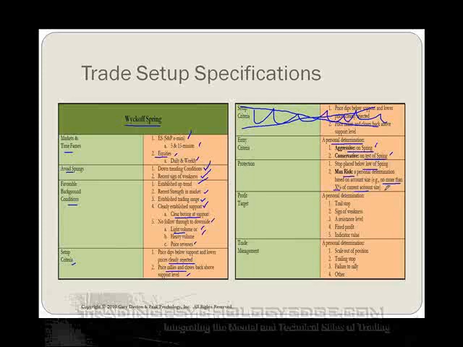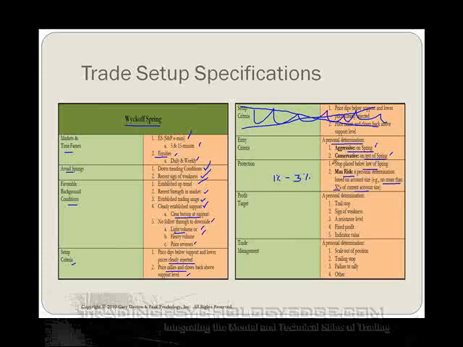So in the magic numbers for this, I mean, there's different numbers, but some folks will not put any more than 1% of their account size. So if they've got a $100,000 account, they won't risk more than $1,000. Okay, doesn't mean that they put on a trade of only 1,000. They might put a trade on of 15,000 in shares of stock, but they won't risk more than 1% of their account, and maybe up to.